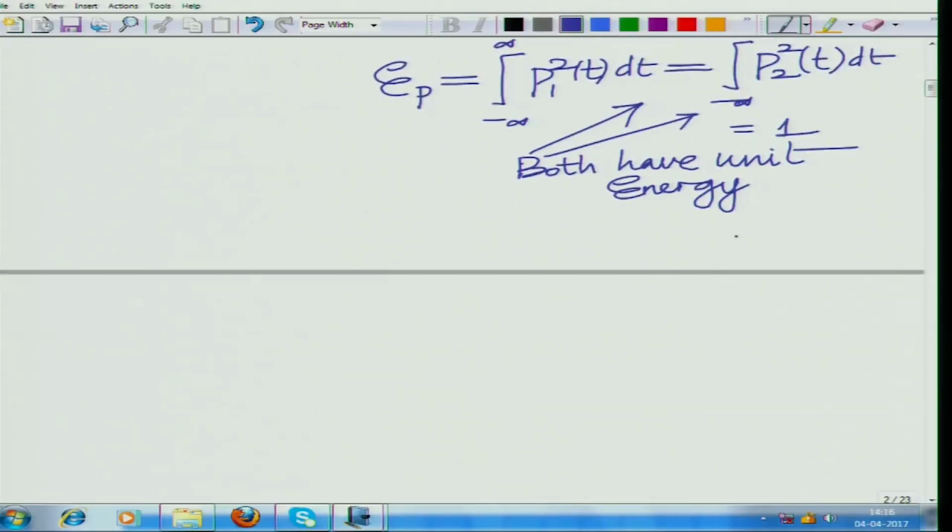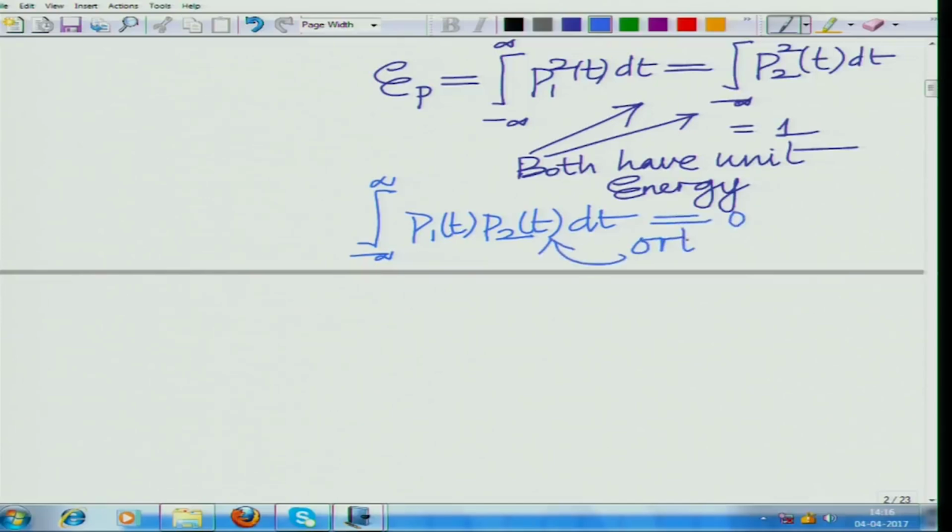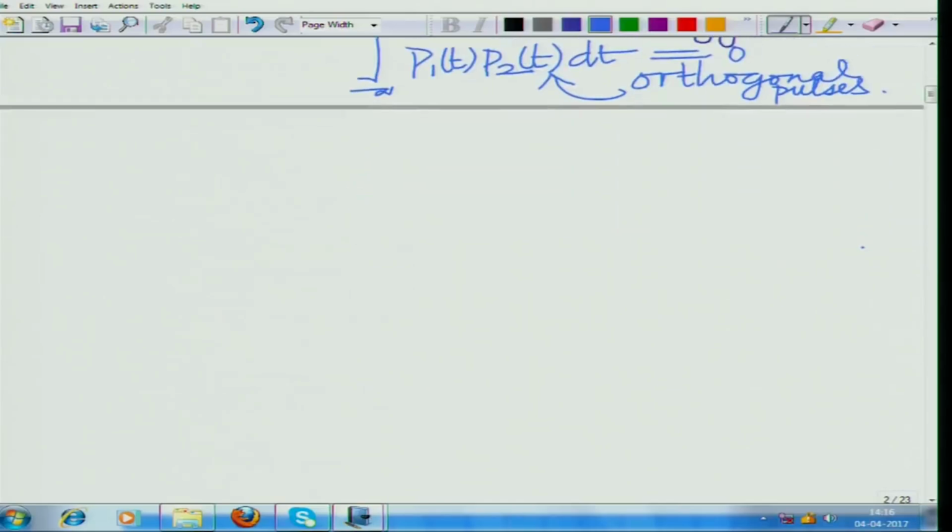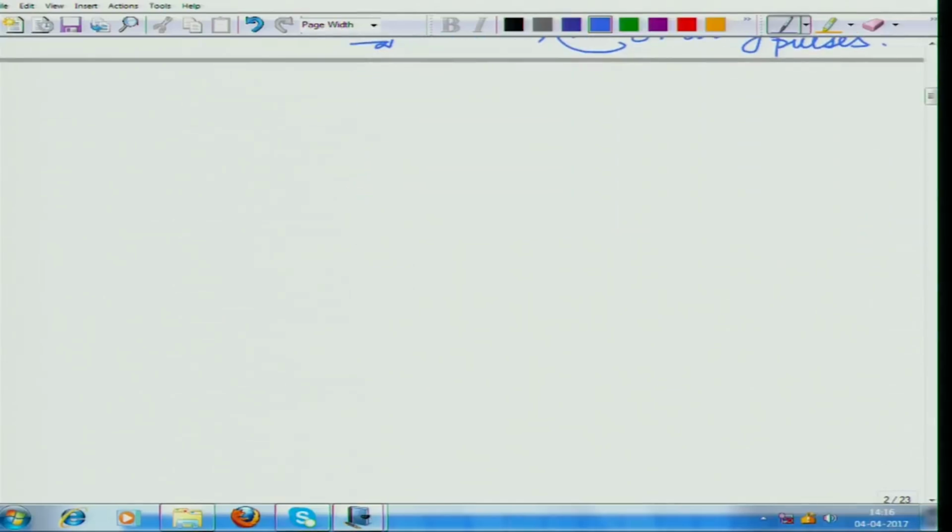And more importantly, if you look at the inner product, this is equal to 0, which means these are orthogonal pulses. So, we have two pulses which are orthogonal to each other, and both of them have unit energy. Alright, these are orthonormal, these form the orthonormal basis of the signal space.